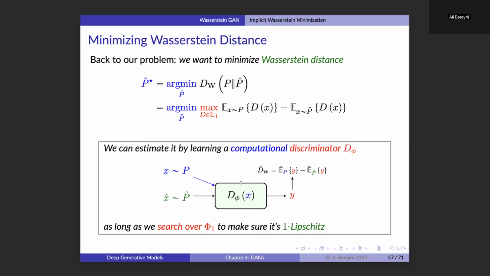And this is why I told you that this is again going to be a GAN. This is not going to be something new. The only difference here is that my discriminator in this case is supposed to be one-Lipschitz, right? Meaning that those parameters phi should not take me to a region, to a kind of neural network, which is going to behave crazy different when the input is slightly changed, right?